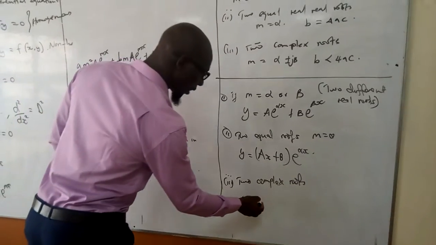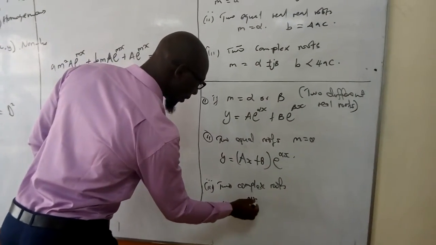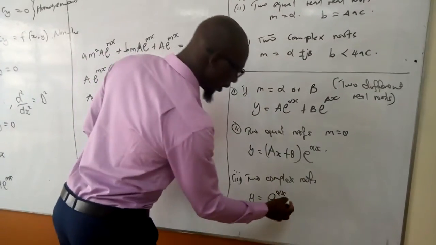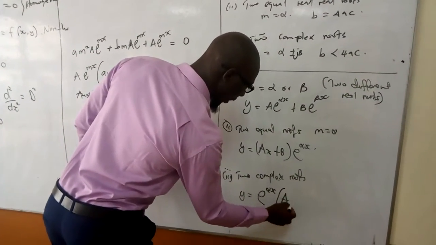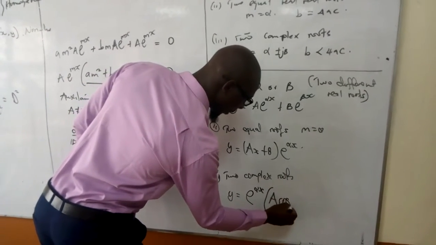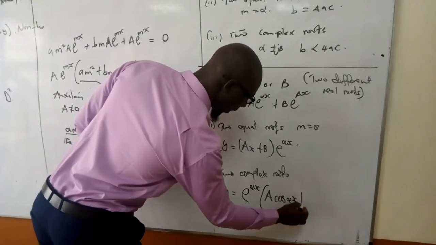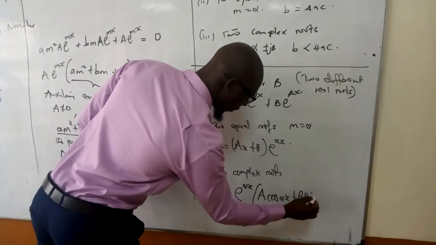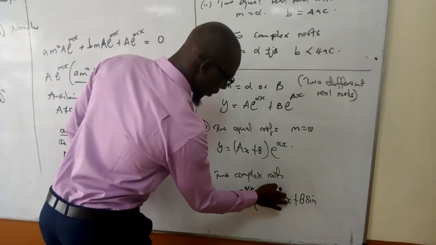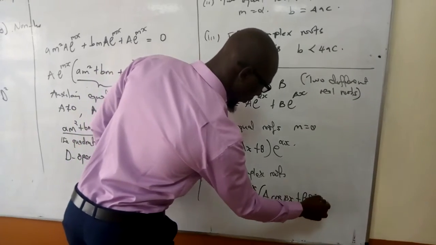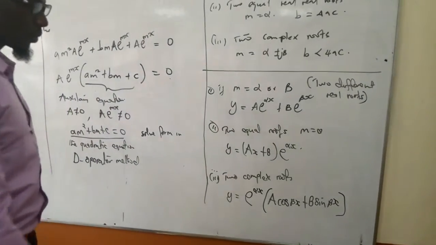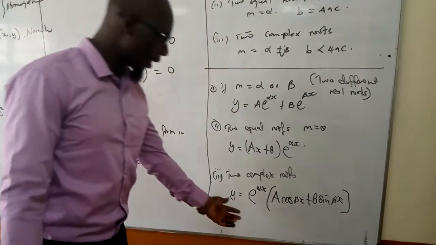That is exponential of alpha x, where alpha is the real part of the complex roots, into a cosine of beta x plus b sine of beta x. That one we have in that form.